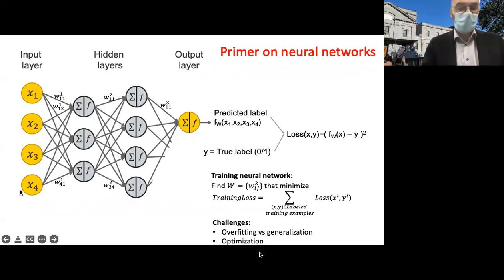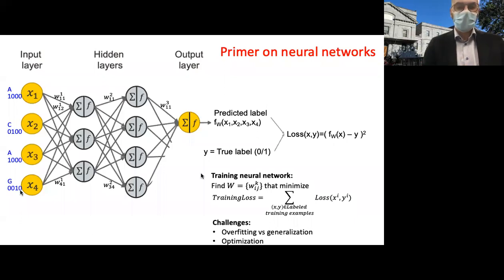So training a neural network is a minimization problem where we're asking, find the collection of weights that makes the predictions of the neural network as similar as possible to the labels that we have for examples for which those labels are known. And this is a challenging thing for many reasons. The main one is a notion of overfitting and generalization. These networks have lots of weights that need to be estimated, often more weights than there are examples to train from. So there's something that needs to be done about that.